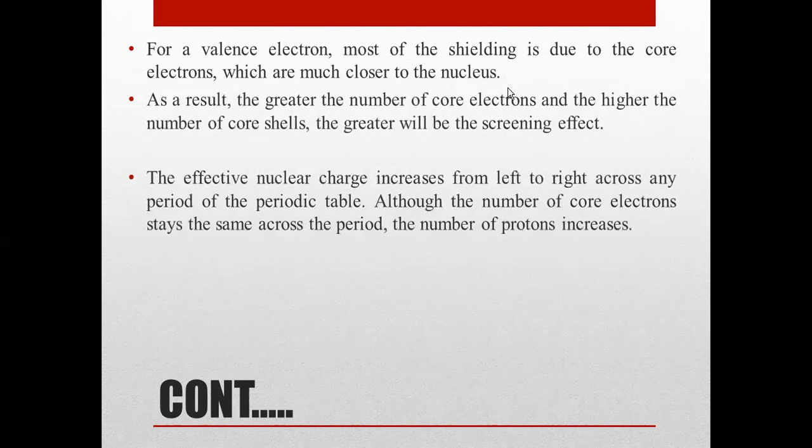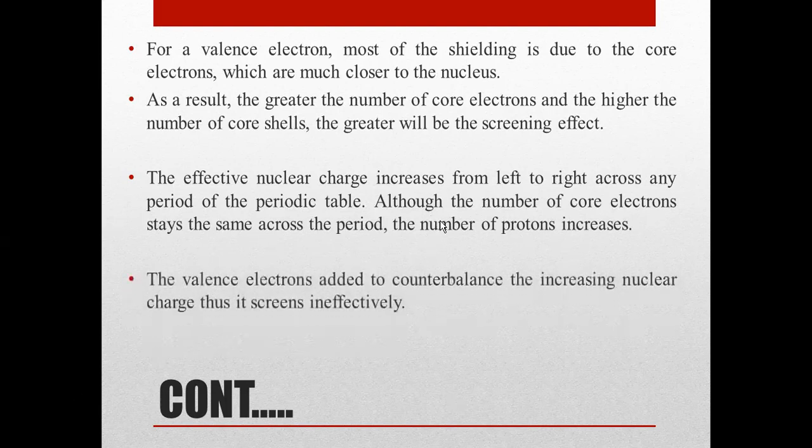The effective nuclear charge increases from left to right across any period of the periodic table. Although the number of core electrons stays the same across the period, the number of protons increases. So this is very important. The valence electron added does not counterbalance the increasing nuclear charge, thus it screens ineffectively.